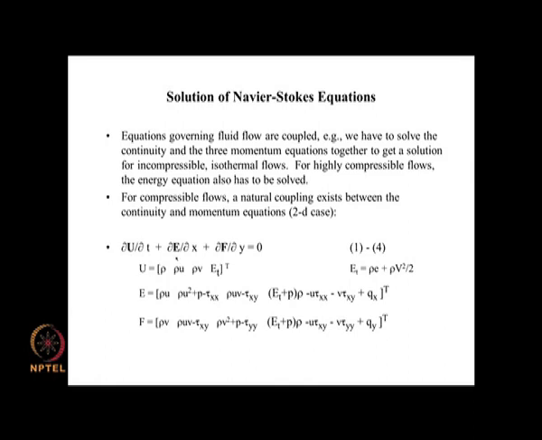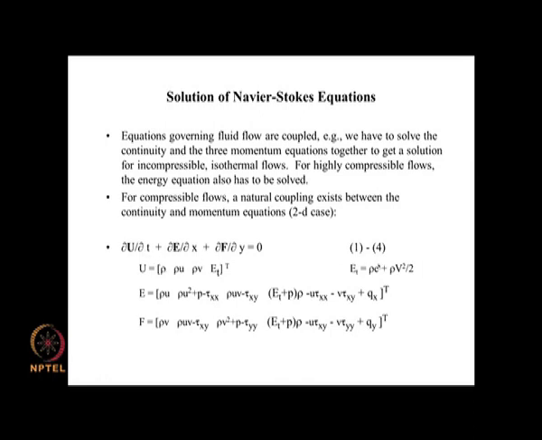So, if you look at this equation here, this is dou U by dou t plus dou E by dou x. If you put dou F by dou y equal to 0, you get the one-dimensional form, and otherwise you get the two-dimensional form. And what is special about this is that the three variables that are coming here, U, E and F, are vector quantities.